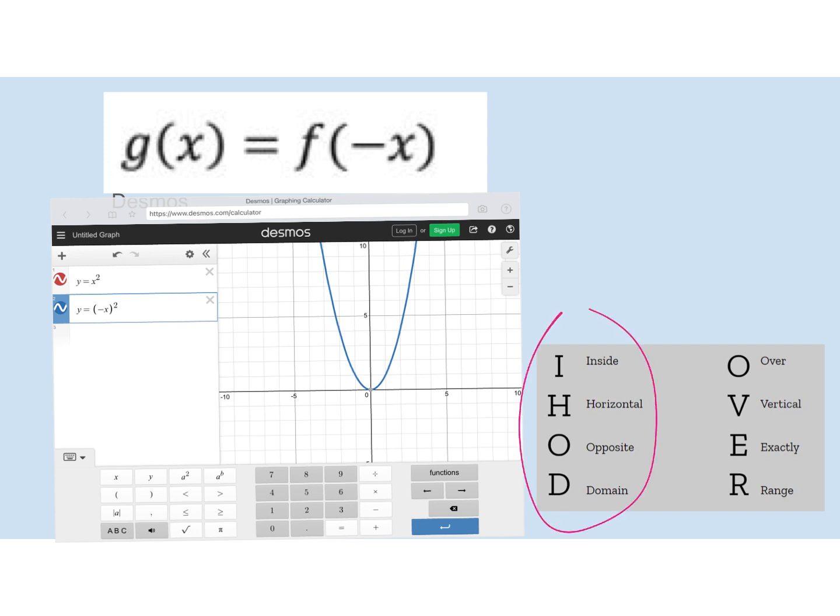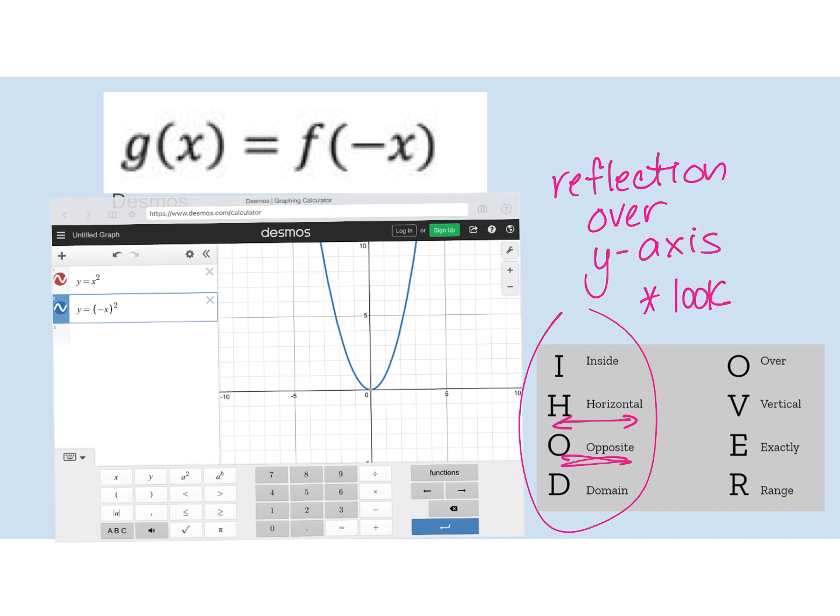So we're talking horizontal. Horizontal is from left to right. It's opposite of what you think. You would think it would look like a reflection, but it's not. So this would be a reflection over the y-axis because it looks the same. And that's it. There's no other transformations going on here.